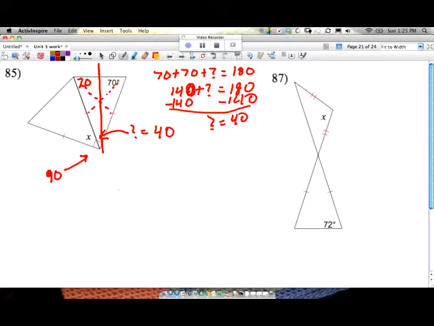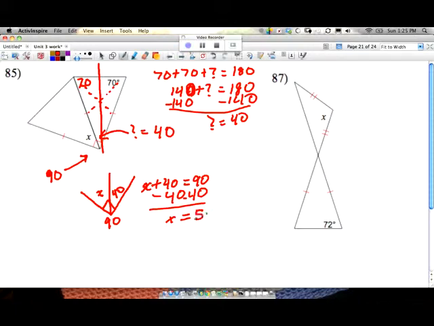How is that helpful to me? Well, if that's 40, let's redraw this angle here. This piece is 40. Together, they're 90. So now, what would x be? Well, x plus 40 equals 90. Booyah! X equals 50. Piece of cake.